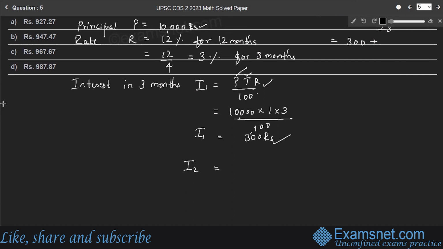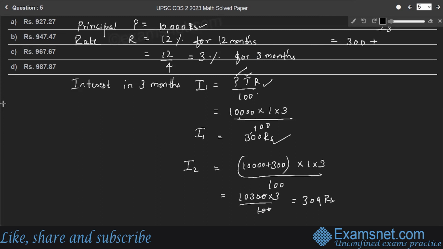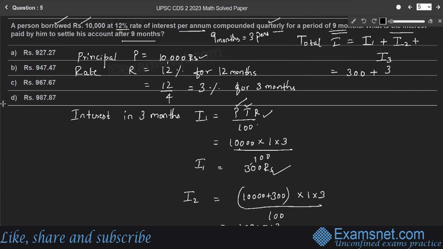So it is 10,000 rupees plus 300, since the interest of the first quarter gives the principal for the next period, into time period 1 into rate of interest 3% by 100. Therefore, it is 10,300 into 3 by 100, which gives 309 rupees as the interest paid by him in the second quarter.